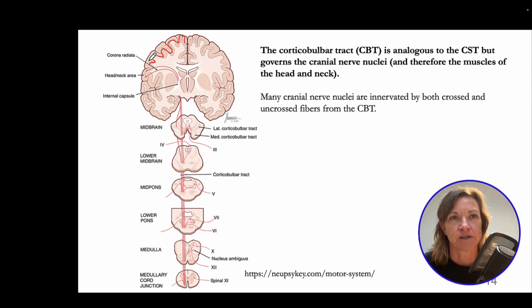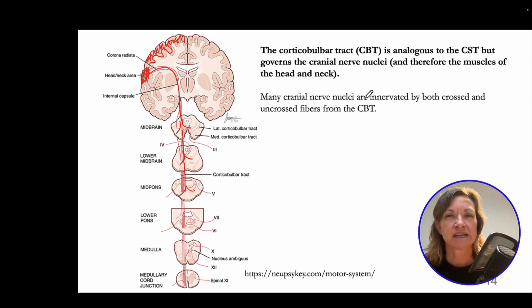So if we think about the corticospinal tract originating here, the corticobulbar tract originates more laterally in the head and neck area of the primary motor cortex, descends via the internal capsule, and then peels off in the brainstem all the way down to innervate the cranial nerve nuclei.